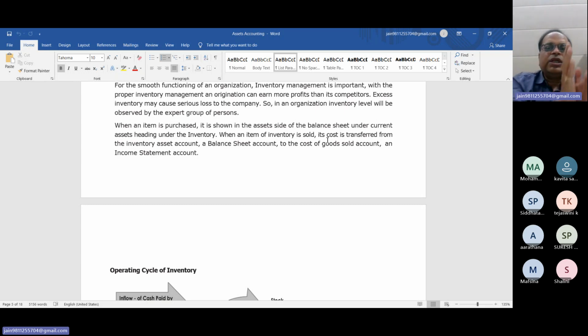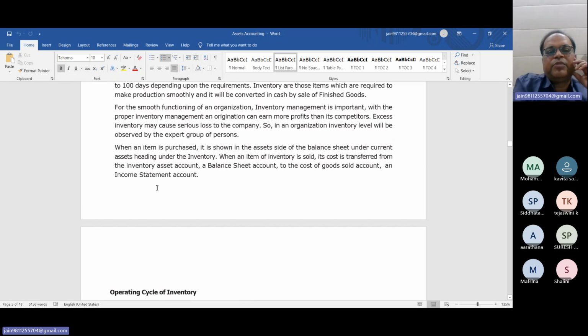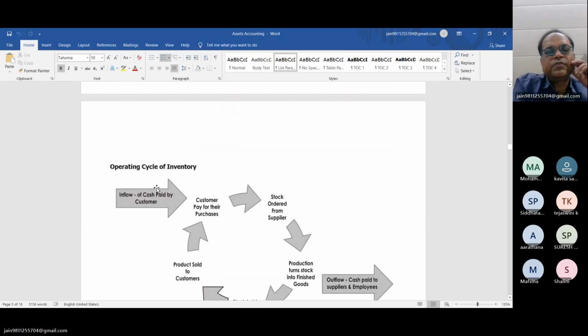If we have sold the inventory, we show it in the profit and loss account, credit side. Or whenever you consume, opening plus purchase minus closing, we can also use the term raw material consumed. Where will we transfer it? In the income statement. Income statement means profit and loss account.